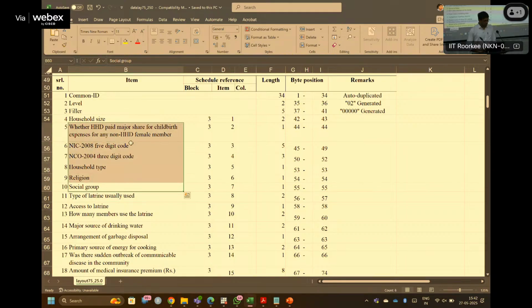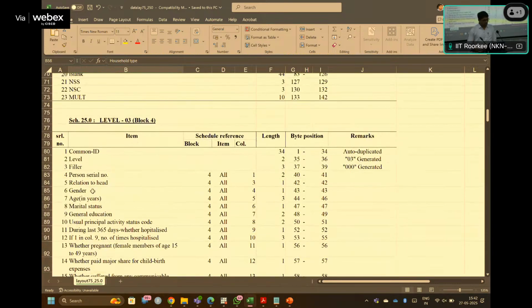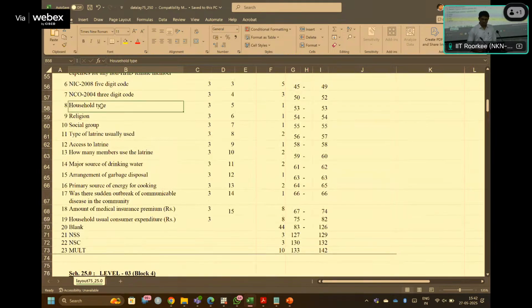Otherwise, with one file, I could have at best explained only one dimension, that is, either the percentage of social groups. But now I have the option to analyze those together with these variables as well as the variables listed in level number 2.